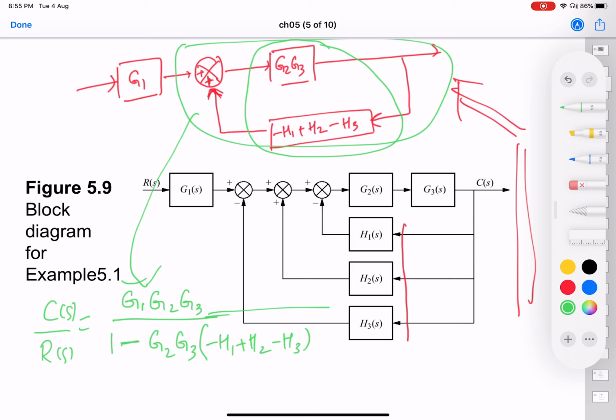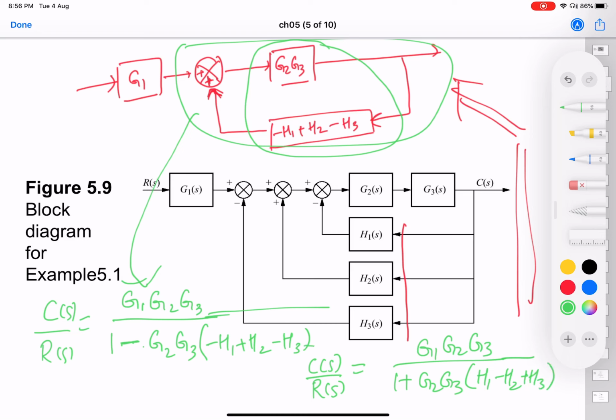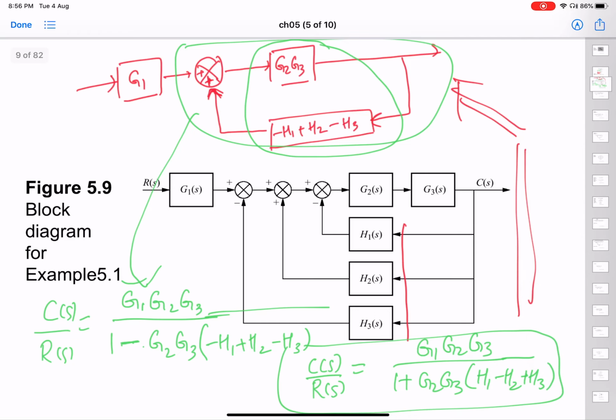And you can simplify this. So in another step, you have done this, and in the third step, you can slightly simplify this and remove this negative sign here and write down this as G1, G2, G3, 1 plus G2, G3. Take this minus sign inside and write down H1 minus H2 plus H3. This is the overall transfer function for this problem, right?